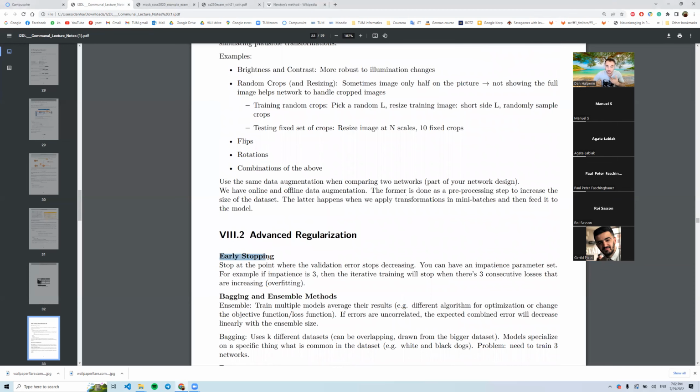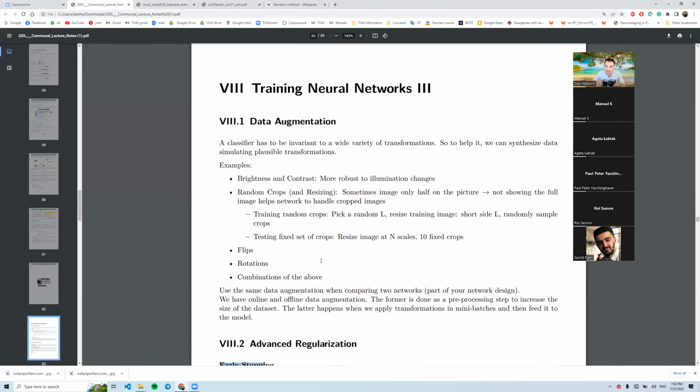Is early stopping considered as a regularization term? Eric, yes. So is early stopping the mechanism?